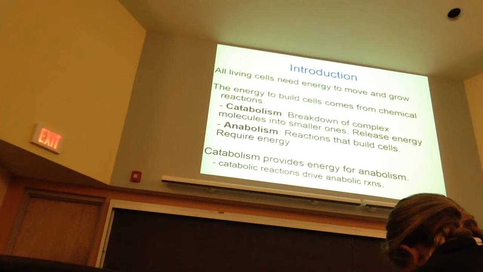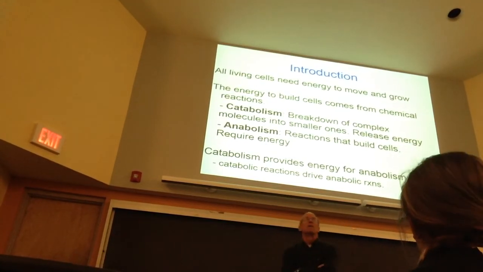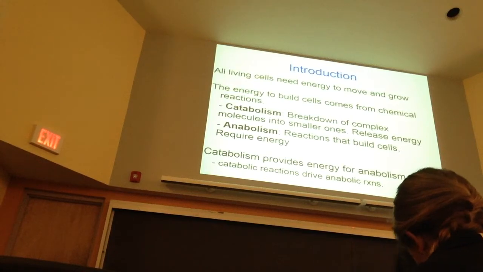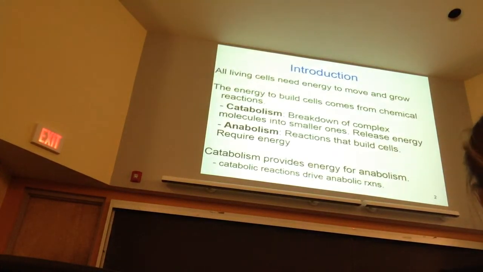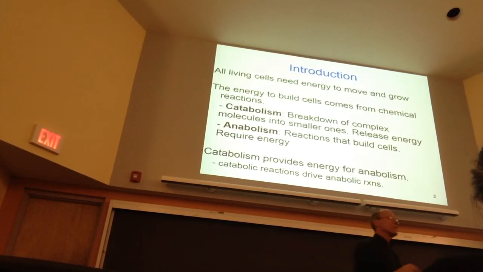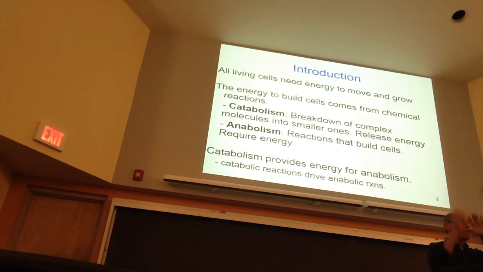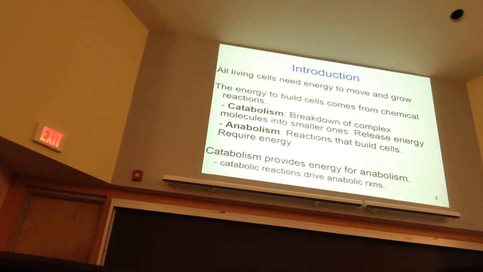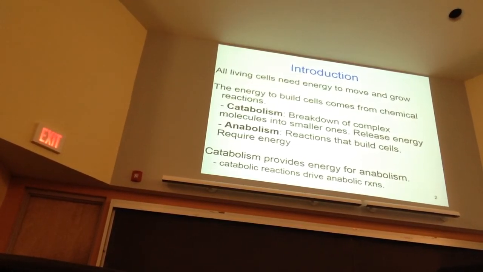And so, like I said, catabolic reactions are taking complicated, energy-rich compounds and breaking them down and releasing that energy, whereas anabolic reactions are taking simple compounds and requiring energy to build them up. And so, you can see that is going to be kind of the big picture of metabolism.